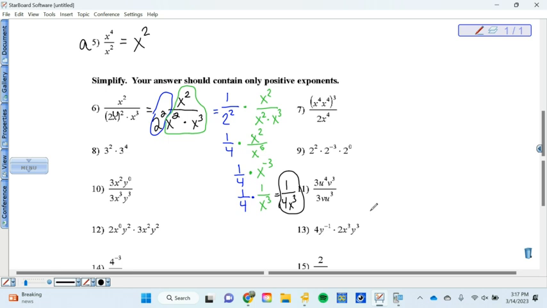Yeah. Yeah, perfect. Now what can you do to simplify that top part? Don't multiply. What do you do when you multiply here? Yeah.